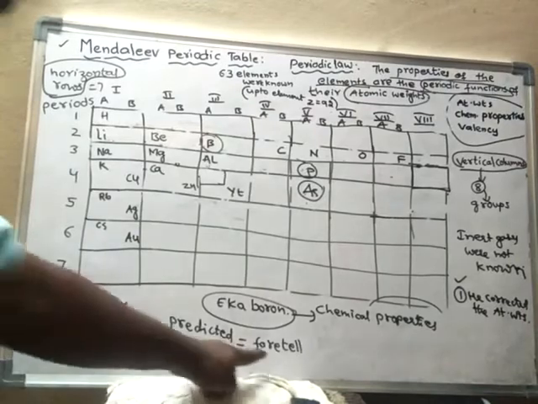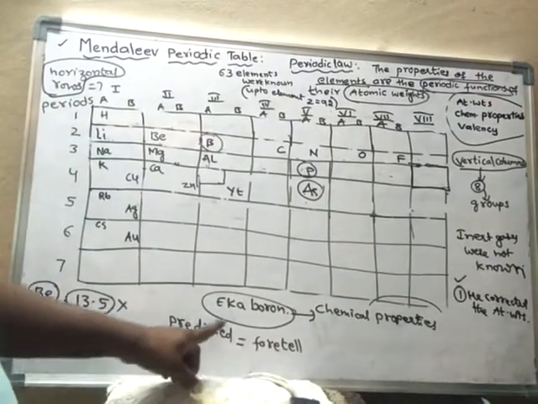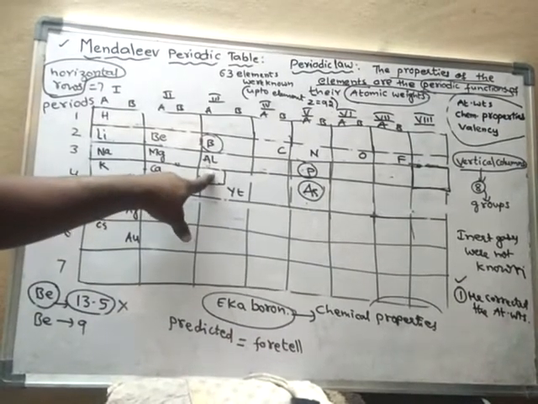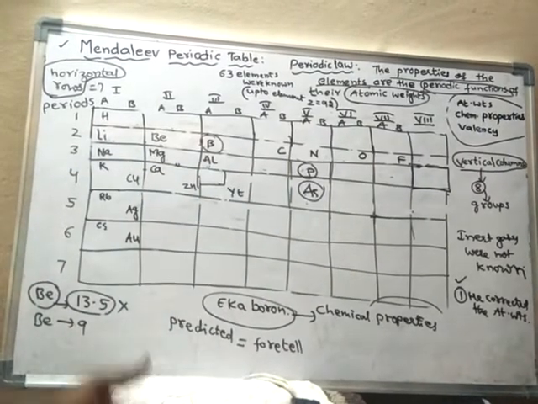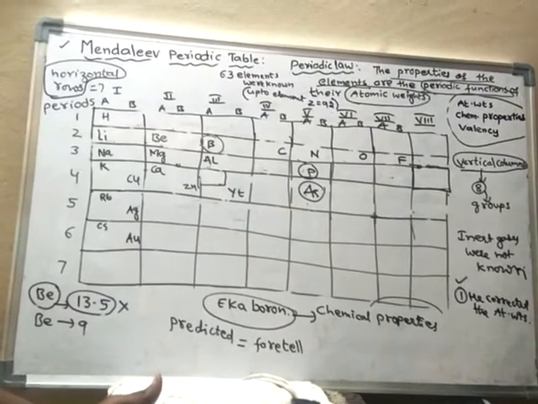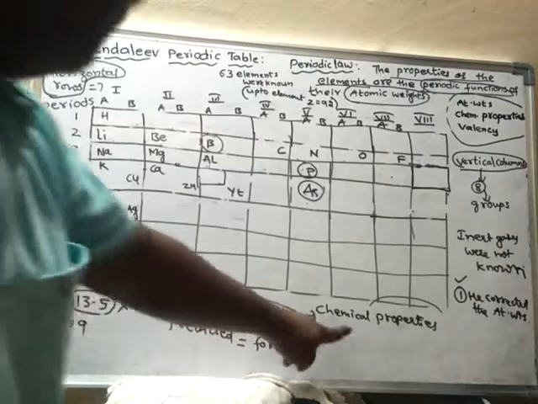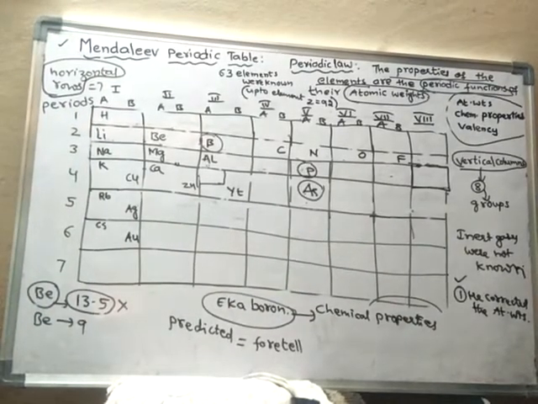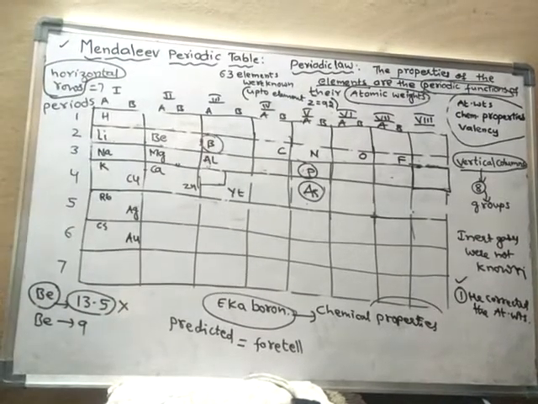So he has explained the chemical properties of the unknown element. This element was not known, but even though it is not known, he has explained the chemical properties of the unknown element. That's the greatness of Mendeleev.